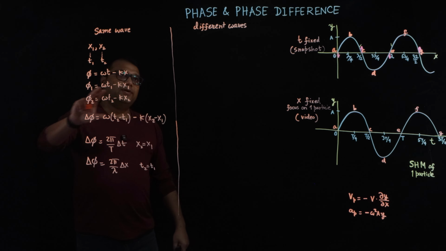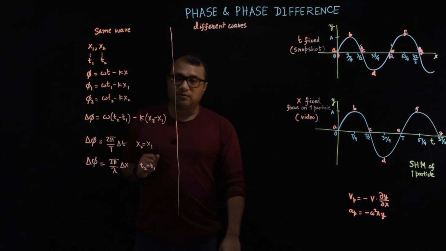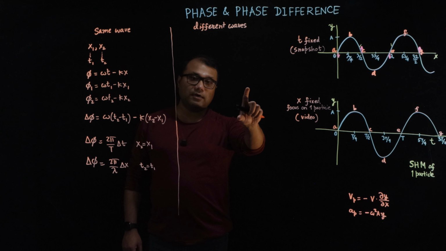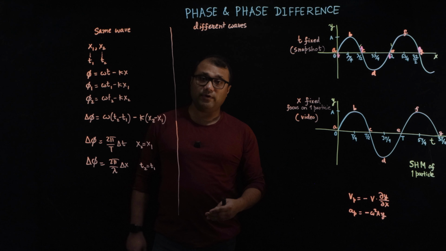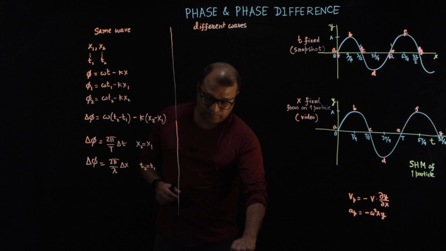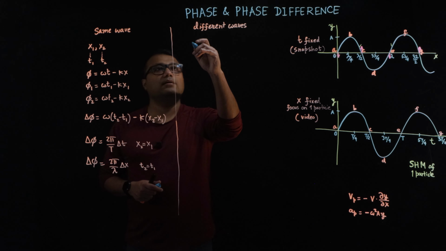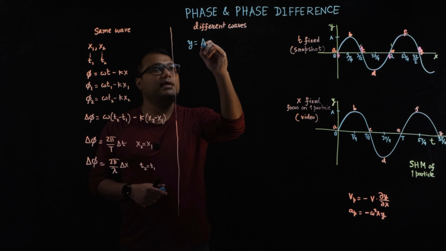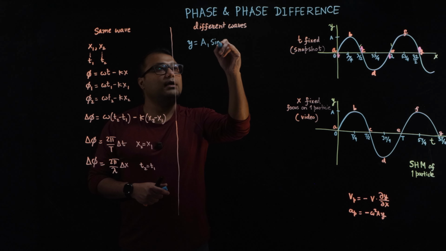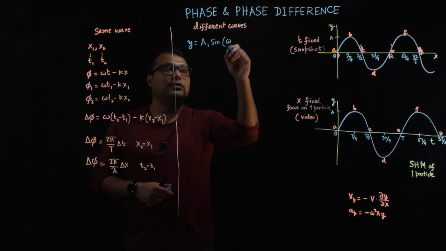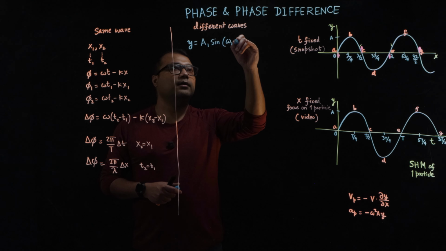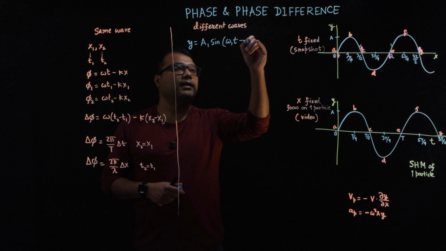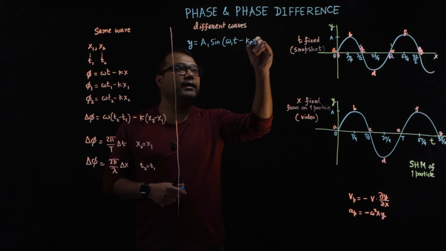Now, phase difference between two different waves. This concept will come in handy when we study interference. So for different waves, let's say wave 1's function is y equals a1 sine, it could have a different omega, omega 1 t minus k1x.